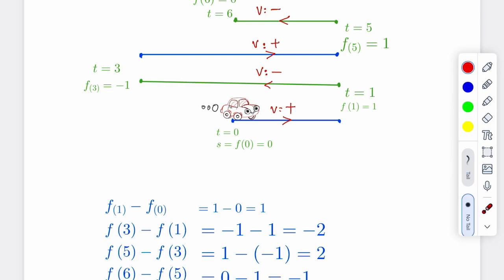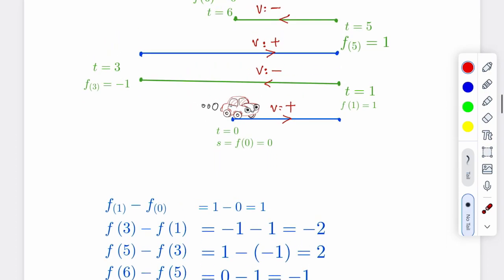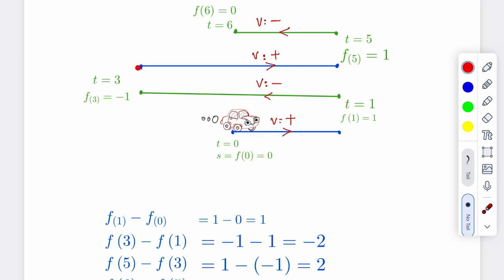However, since we regard distance, we can take the absolute value of this to find the distance from here to here. Similarly, we found the distance over here by using f of 5 subtract f of 3, and we got 2. And the distance over here is going to be f of 6 subtract f of 5, and then take the absolute value of that.